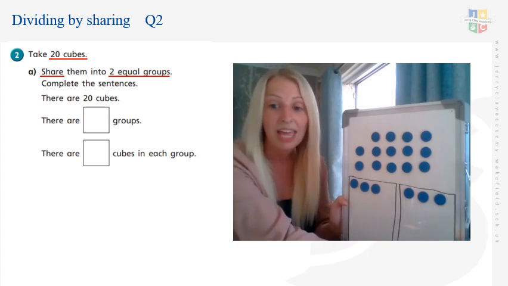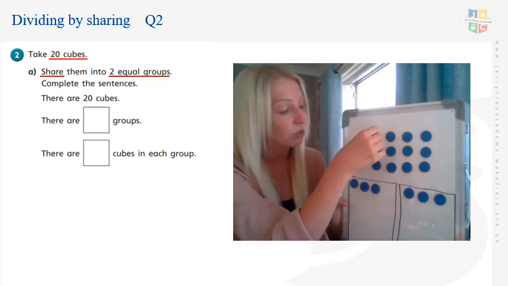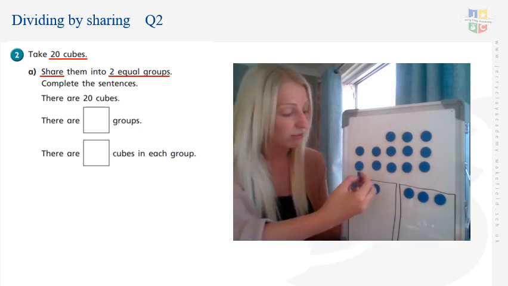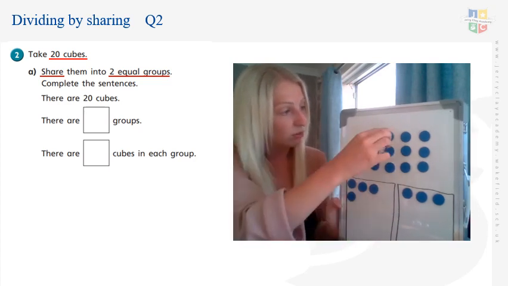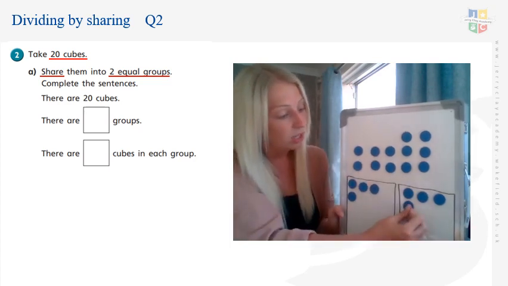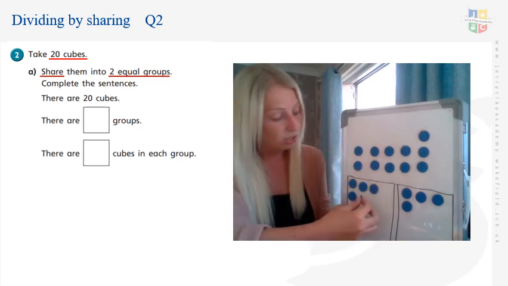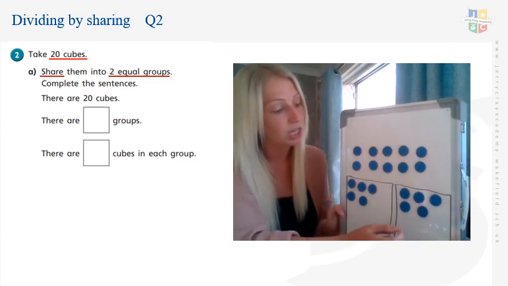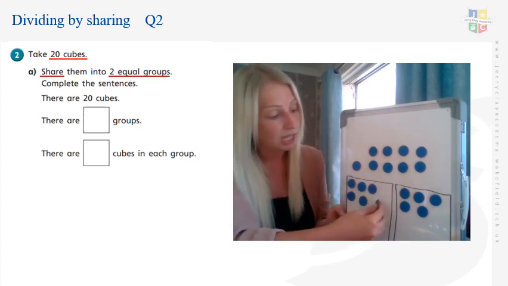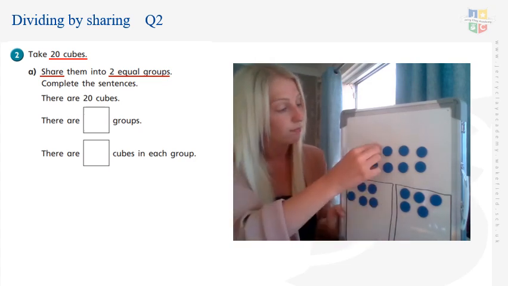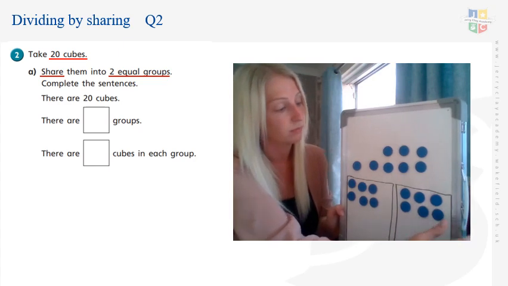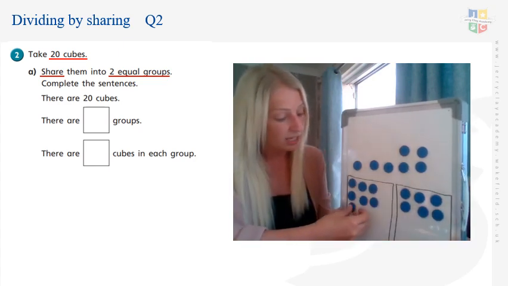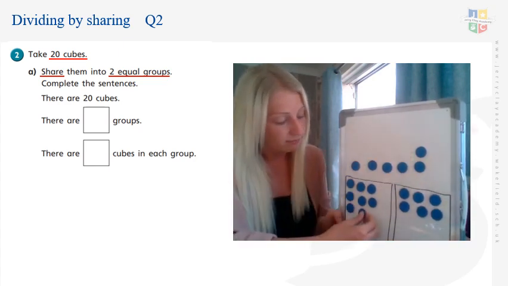And if I do them the same, it's going to be nice and easy. So as much as I can fit one there, I can't fit one there, so I'm going to go underneath. And I'm just keeping on going, 1 in each one, until I've shared them all out equally in my groups. And it makes it nice and easy if you set them out the same.